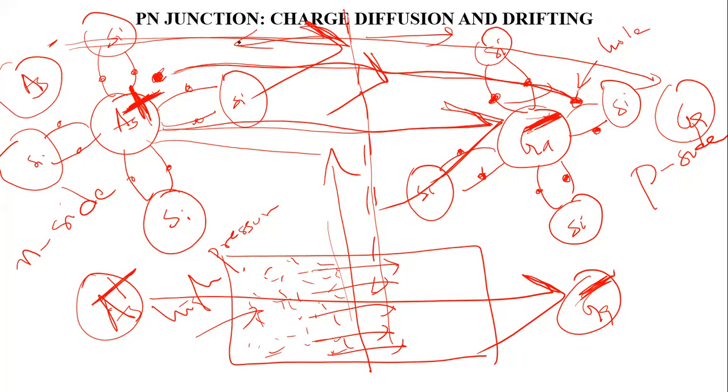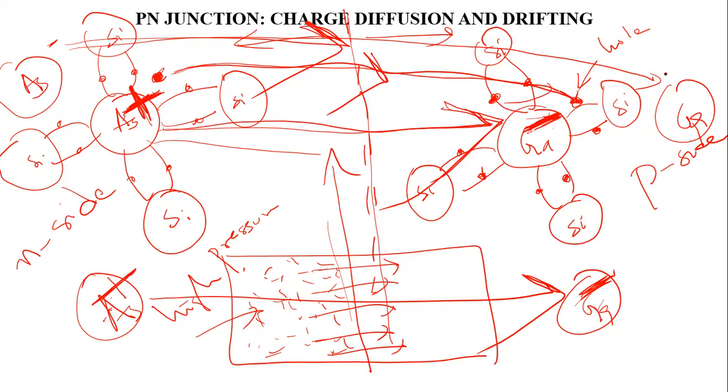Eventually, when more and more positive ions and negative ions are formed at the periphery of the junction on the n side and the p side, the repulsive force created by this potential barrier or electric field will be sufficient to prevent further diffusion of the free electrons to the p side.